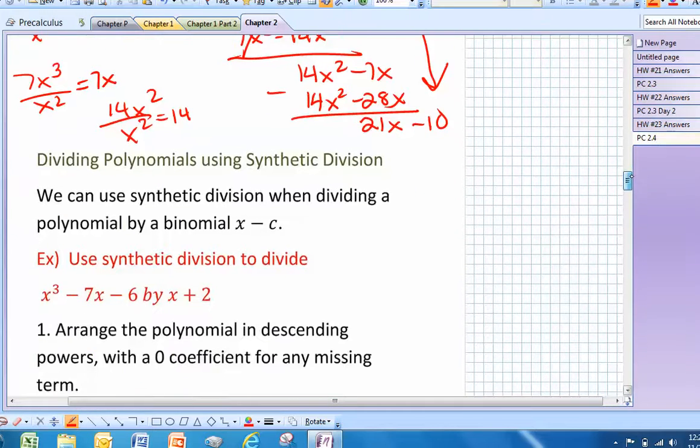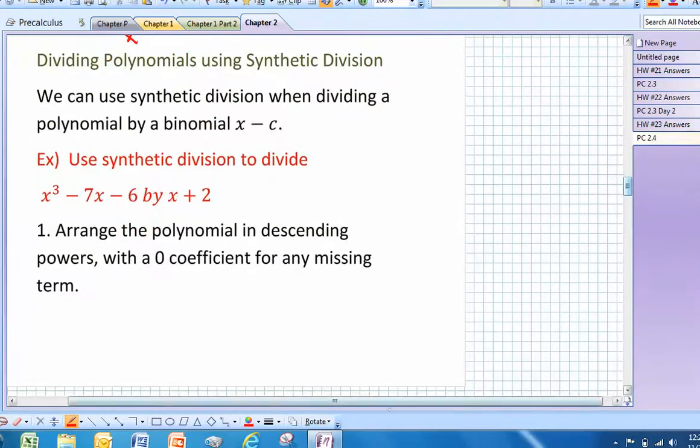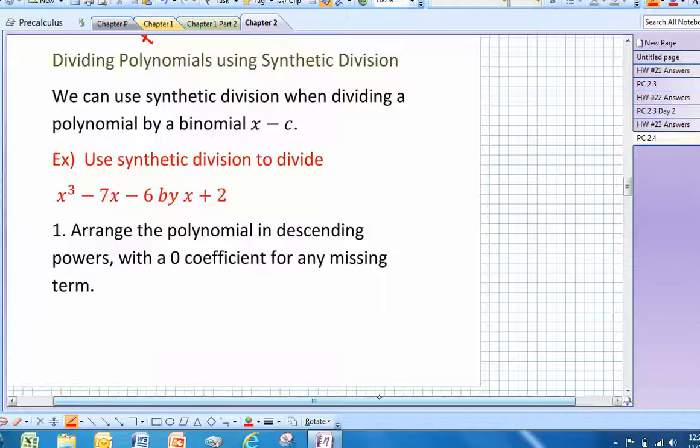There's another type of division that we can use, which is called synthetic division. Synthetic division is used when you only have a binomial to the first power. So in this situation here, notice you have x to the third minus 7x minus 6 divided by x plus 2. So it's a binomial to the first power.